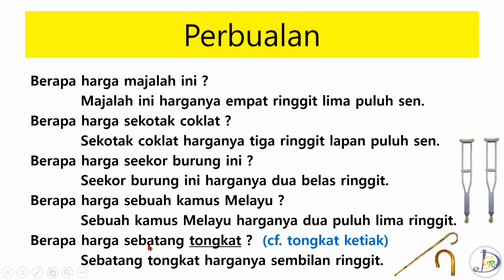Berapa harga sebatang tongkat? How much for a walking stick? Sebatang tongkat harganya RM9. One walking stick, its price is RM9. This is tongkat, walking stick. Like this is tongkat ketiak. Tongkat, walking stick, ketiak, armpit.